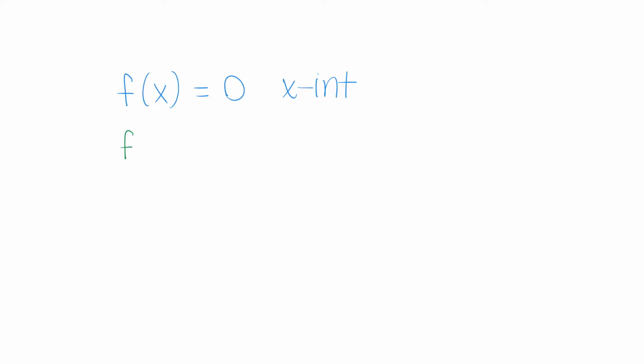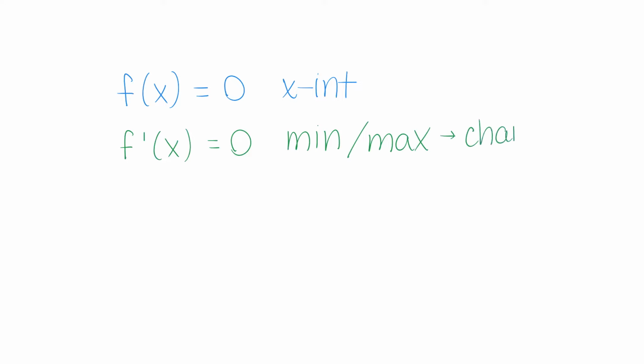When we take our first derivative and set that equal to 0, that's when we find our min and our max, which is a change of direction, like when we go from increasing to decreasing.